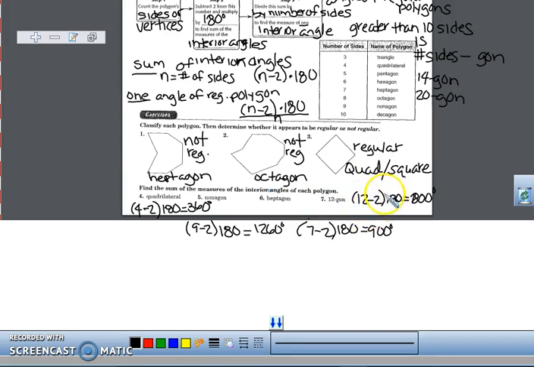And then remember, on your homework, you are going to show work, so you're going to show it just like this. There's going to be ones where it says the sum.